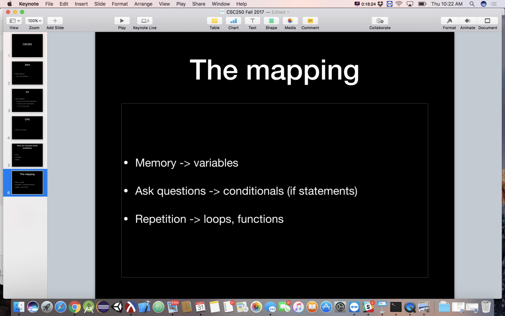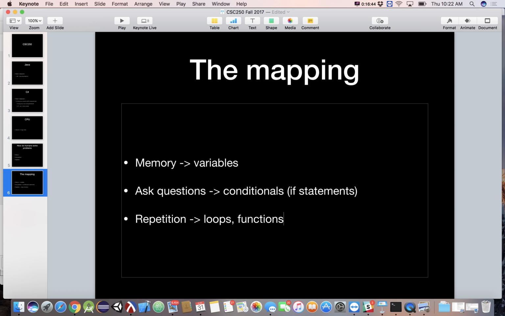So it has some extra stuff built into the language that makes things commonly done for web pages more convenient. But it still has facilities for variables, for conditionals, and for loops and functions. So every single programming language you ever learn will have these facilities.